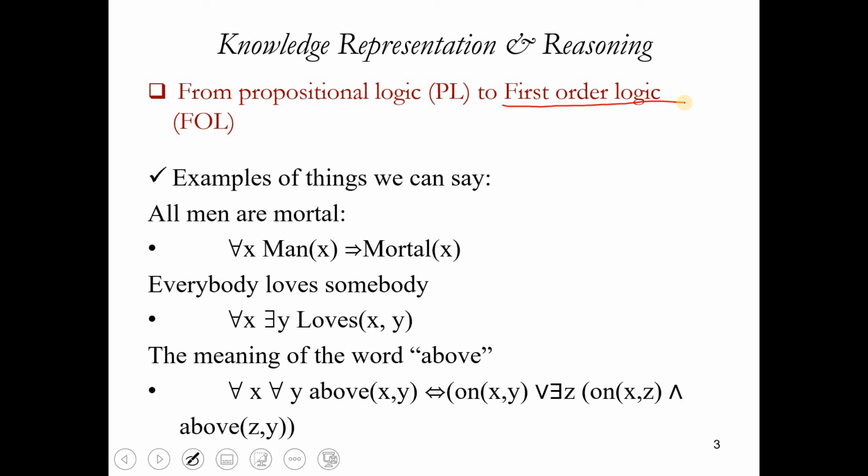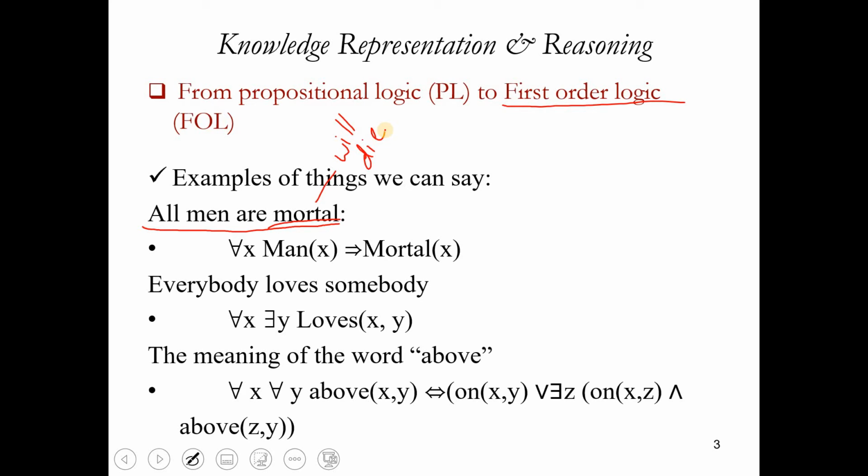Okay, so here is an English sentence: all men are mortal. Mortal means will die. So here it is, will die. So all men are mortal.